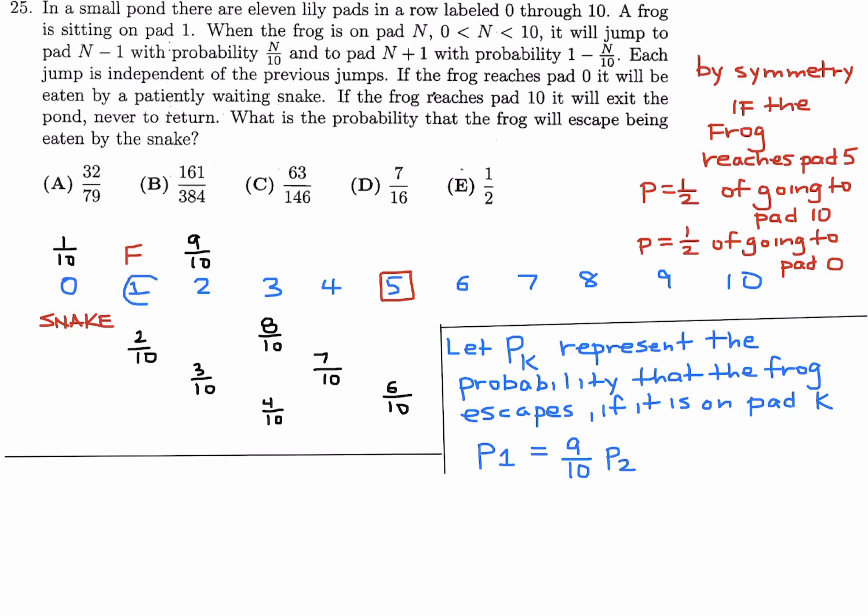Because he was here, and in order for him to go there, the probability is 9 over 10. And very similarly, P2 is going to be calculated as follows. First, we have to figure out 2 over 10 P1 plus 8 over 10 P3.